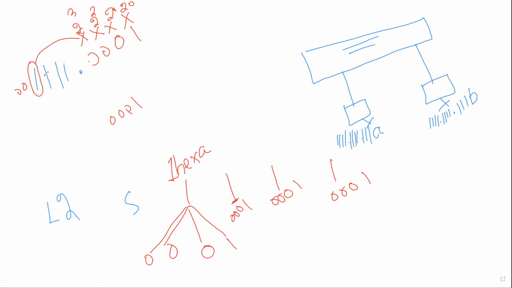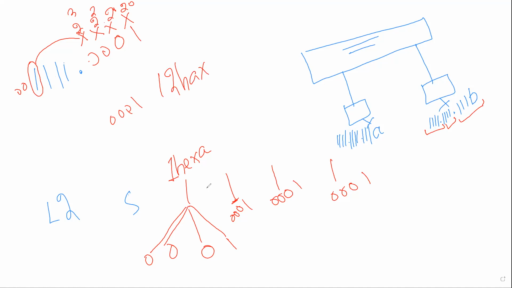So when you mention a 4 hexadigit value, you have 16 binary values. 1 hexa is equivalent to 4 binary, so 4 hexa means you have 16 bits. And in the MAC address I mentioned, 4 hexa, again 4, again 4, so 4 into 3 times is 12 hexa.